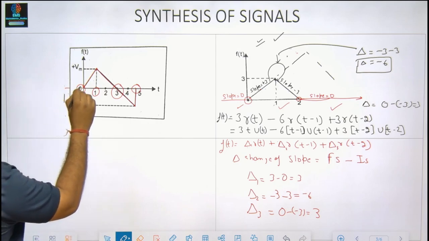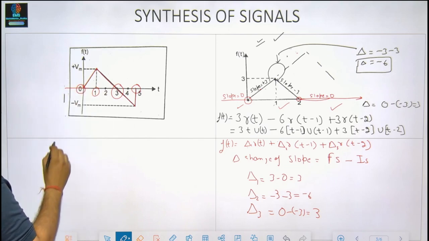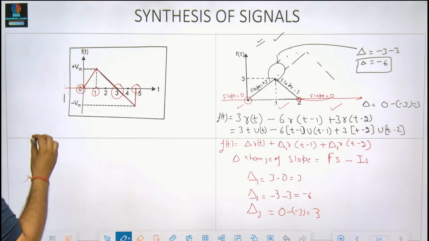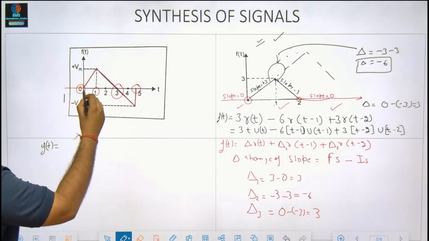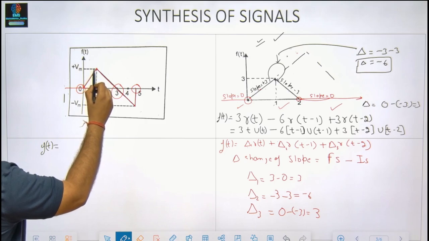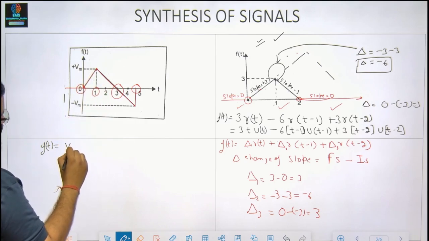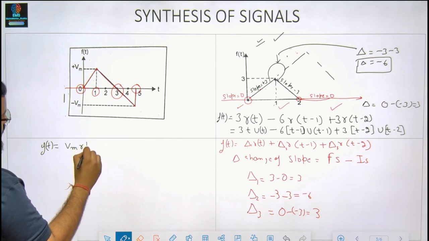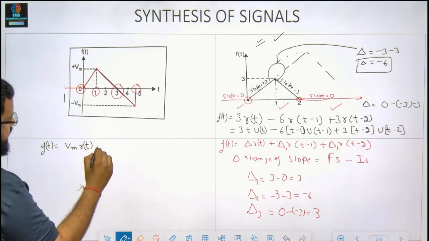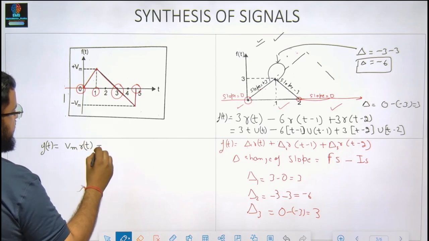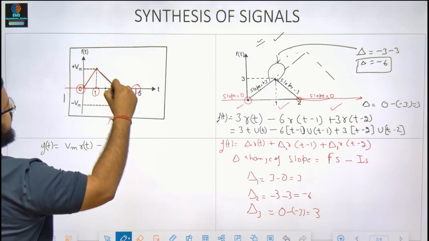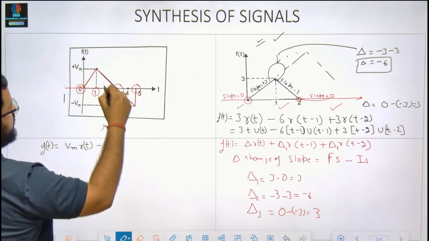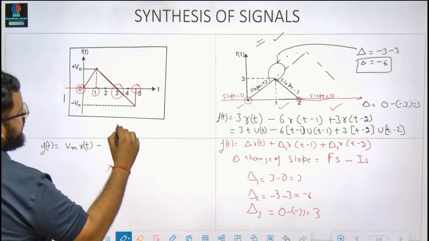So let's start with the 0th point. At the 0th point, I'll just write down f(t), the final slope. If it is rising at Vm at 0, so it would be Vm r(t), plus or minus, we'll see. We have to find out the delta. If this is Vm, this is minus Vm, I have to just find out the slope.